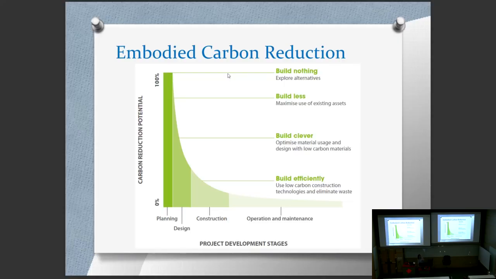And if you can build nothing, based on the existing building, so we just reuse the existing building, then the potential for carbon reduction will be very high. And then next we'll build less, maximize the use of existing building, reuse the existing building, and maybe just some revitalization, renovation.